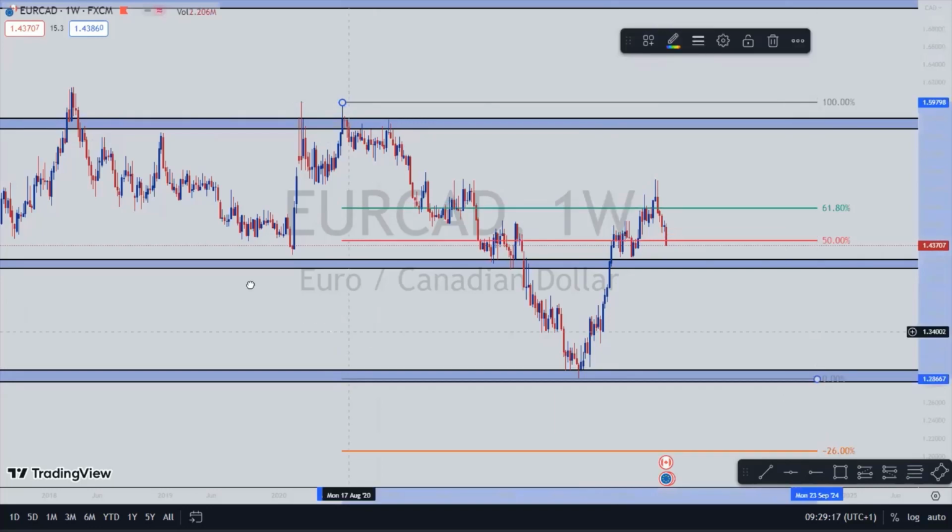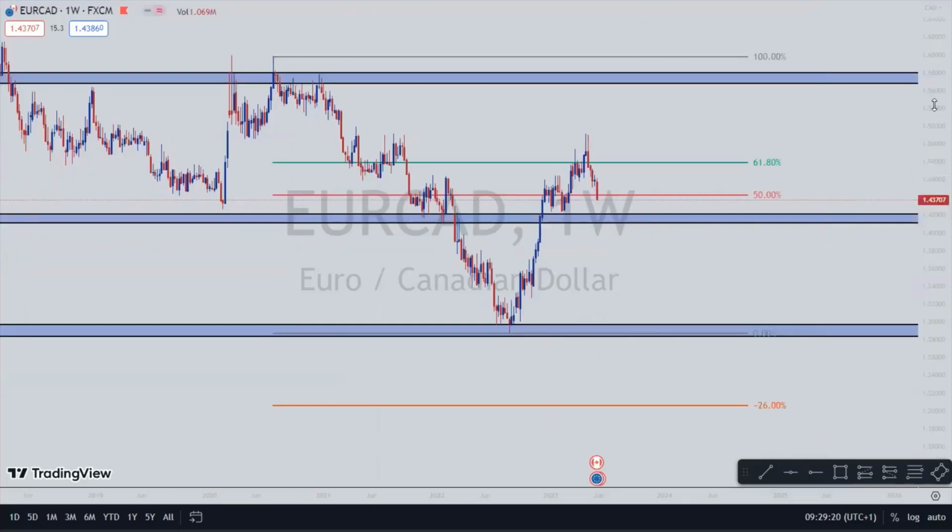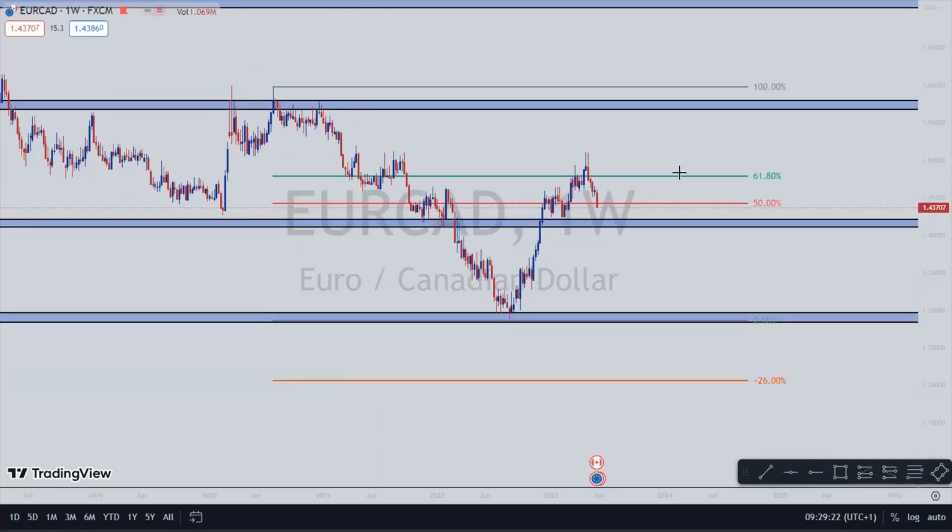What Fibonacci tells me is we are in a Fibonacci zone and we have rejected it. So that's the first information. And the principle about Fibonacci is if you make A, B, then you make C, then the next target will be D, which is around the negative 26%.